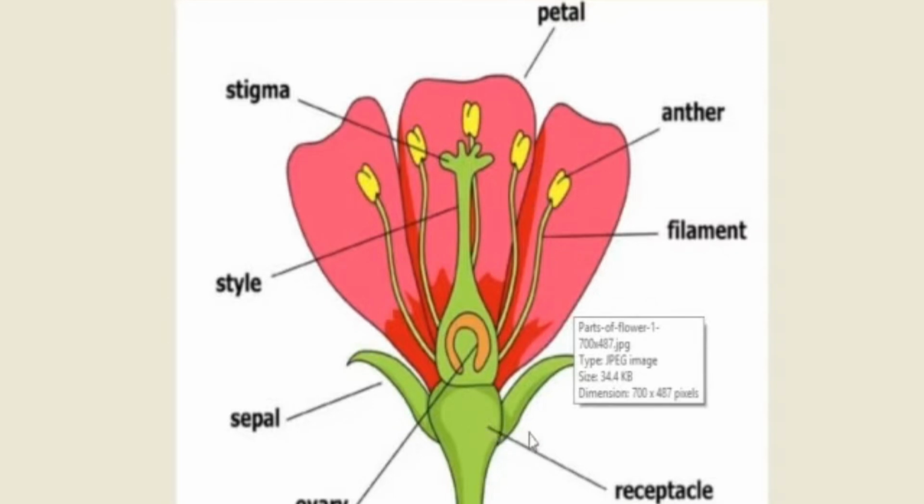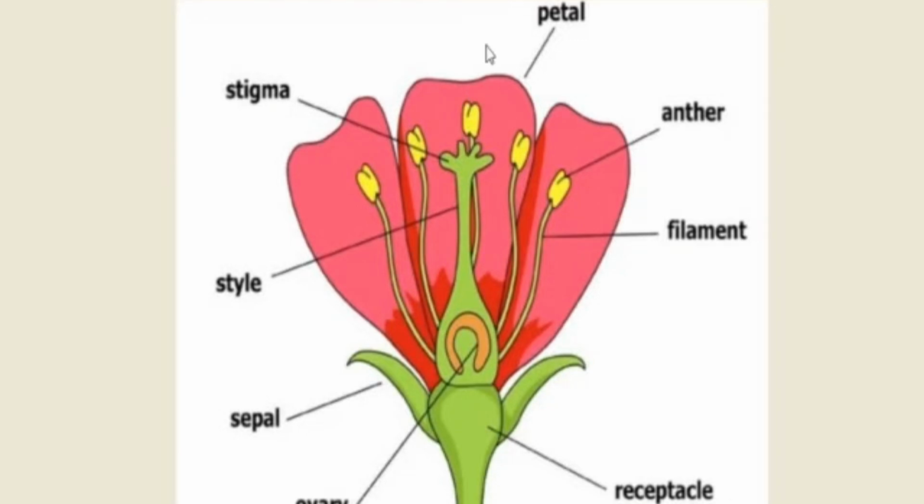If we are talking about the parts present on this receptacle or thalamus, we have 4 different parts here, and these 4 different parts are divided into 2 types of whorls. Number 1 is the accessory whorls, and number 2 is the reproductive whorls. Starting with the accessory whorls, we have 2 parts.